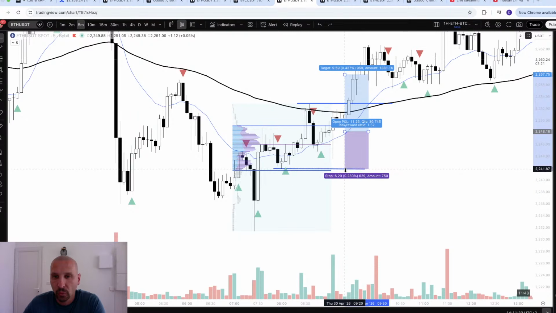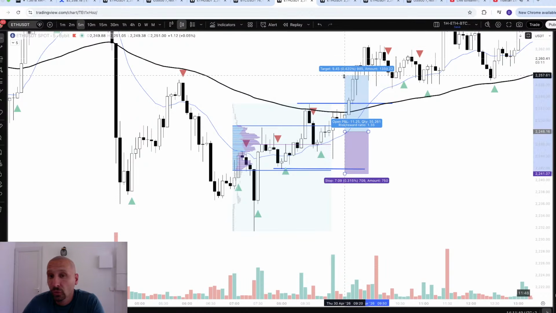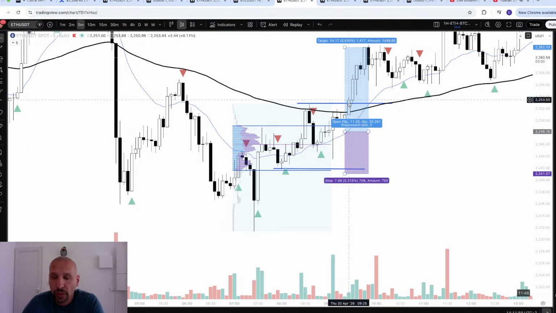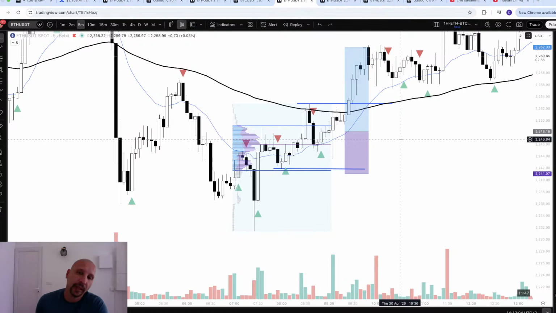I always put 1 point more, so it's 7 point stop loss, and we can target this high, for example, here, or you can just target 1 to 2 or 1 to 1, depends what you're looking for. You can see here that would be perfect 1 to 2 risk to reward ratio if we enter immediately at the candle 1 hour close.